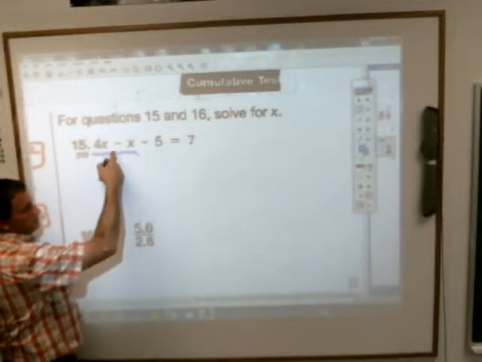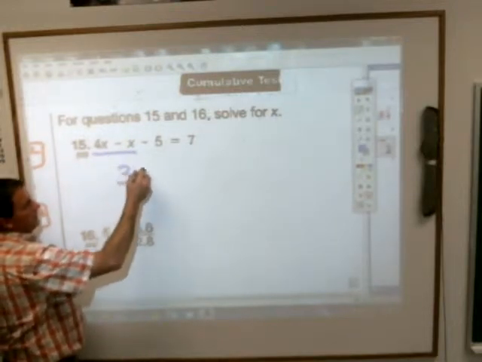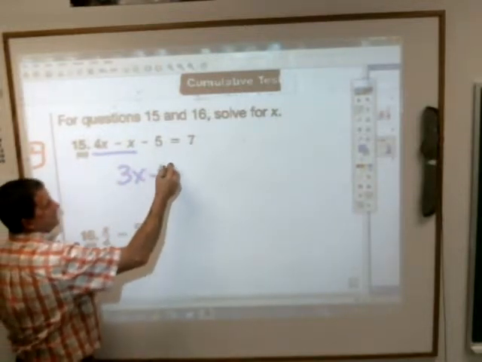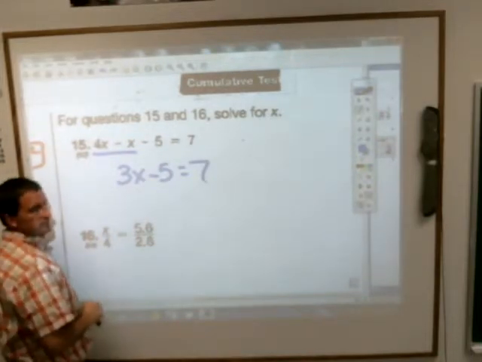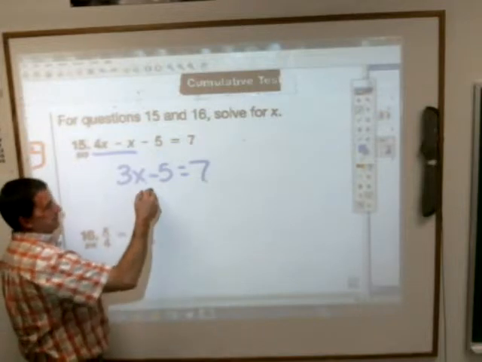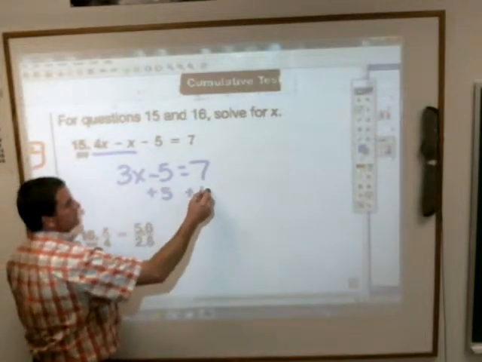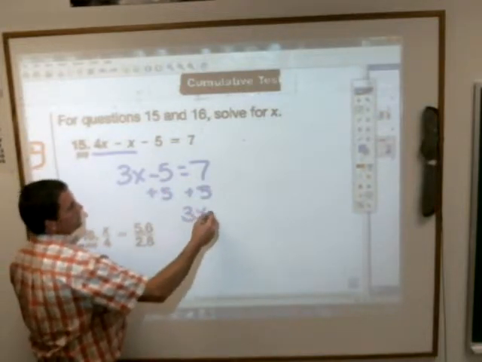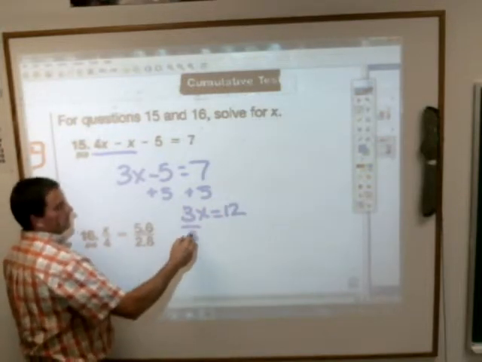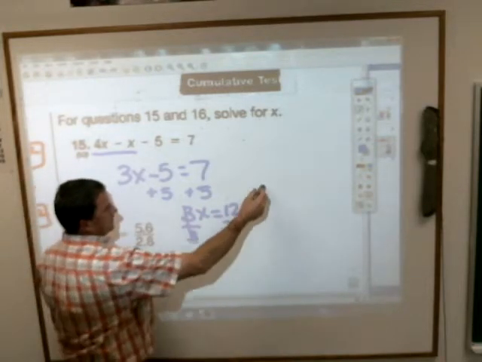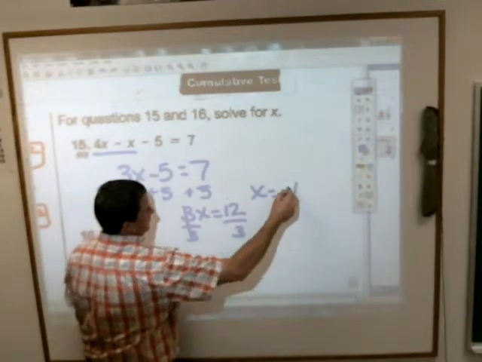Right, you can combine those two. So you get 3x minus 5 equals 7. Now get x by itself by adding 5 over. Now 3x equals 12. Just divide by 3. x equals 4.